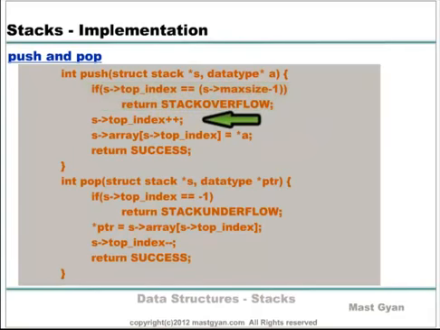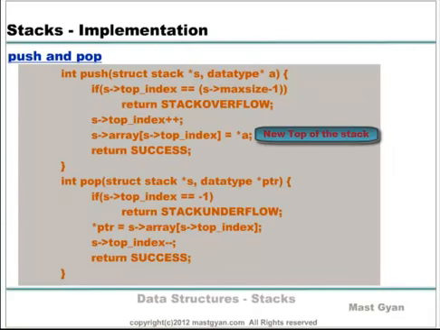If there is space, then increment the index of the top element and save the object in that index and return with success. Now since top_index contains the index of the new element that was pushed onto the stack, this new element becomes the new top of the stack.